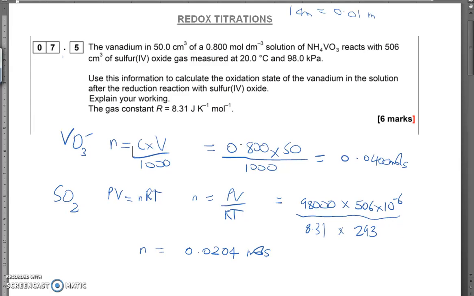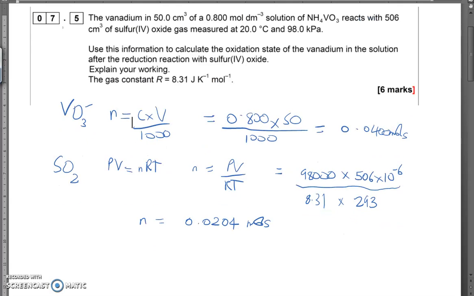Okay, now this is where it gets trickier, should I say. What you've got to remember is that the sulfur dioxide, when it partakes in reactions, you end up making sulfate ions. So it does these redox equations.